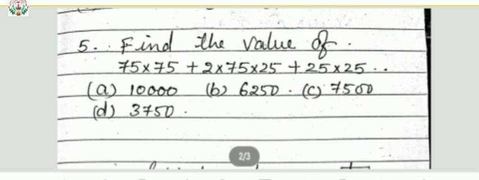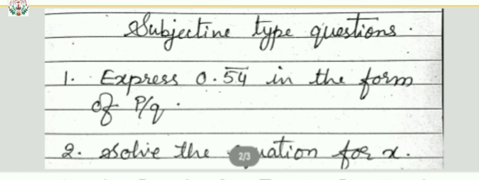So that is the formula of (a plus b) whole square. Now here a is 75 and b is 25. So (75 plus 25) whole square. 75 plus 25 is 100. 100 whole square will be which answer? You just see from the 4 options.